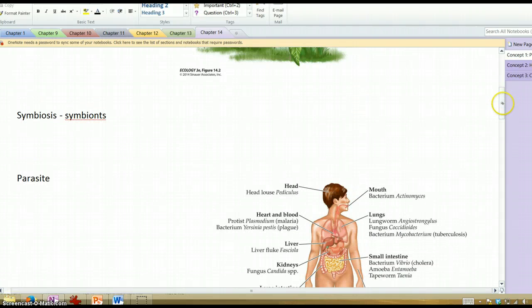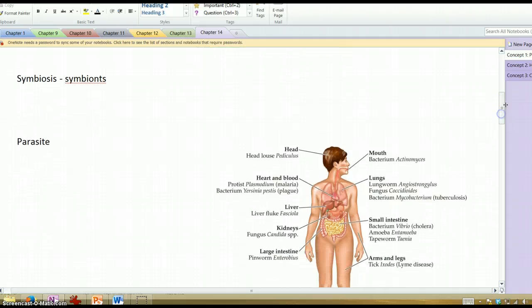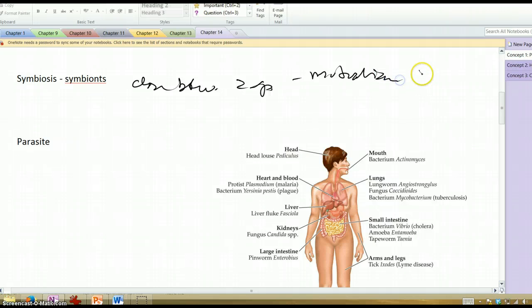So, a parasite host relationship is an example of a symbiosis, which is essentially a very close relationship between two species. And a symbiosis can include a mutualism, which is a mutually beneficial relationship, but again, it can also include parasite host, which is a relationship in which one benefits the parasite and the host is negatively affected.